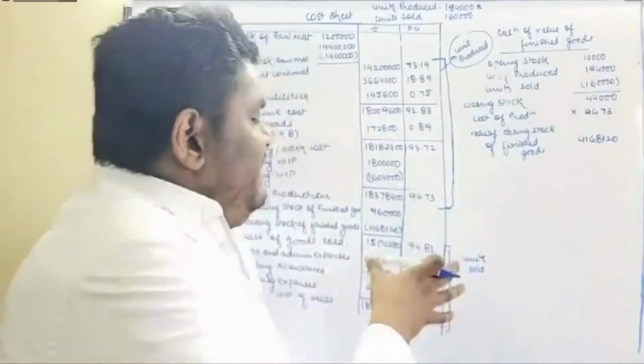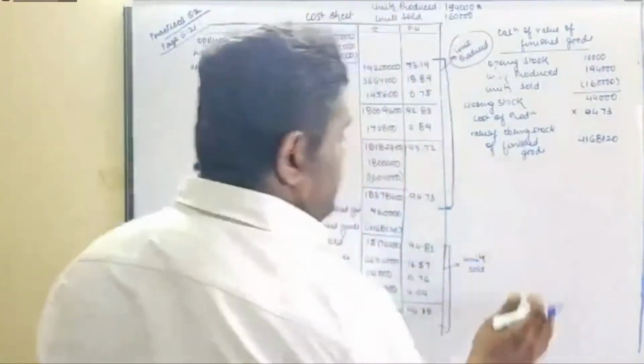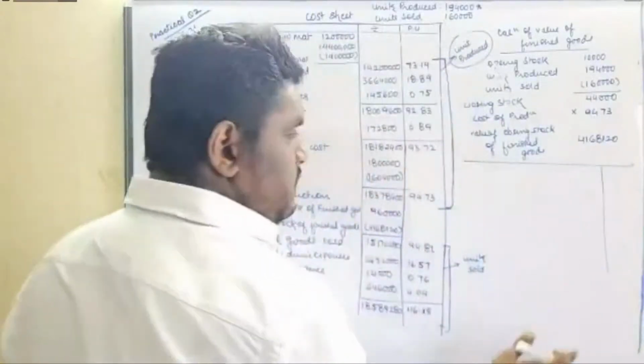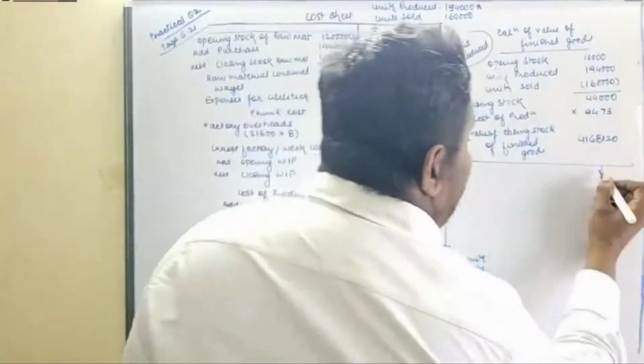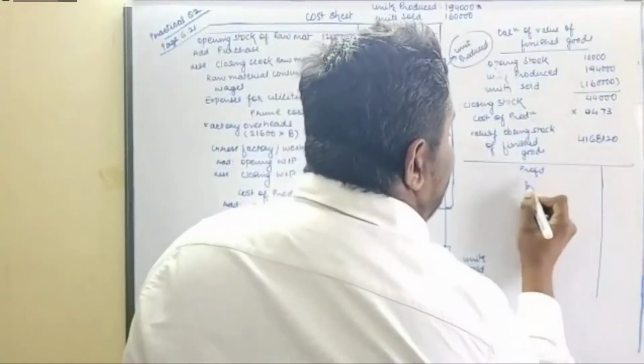So this is the way you guys have to present the statement of cost sheet. Now, in this cost of sales, if we add a profit, we will get the sales.